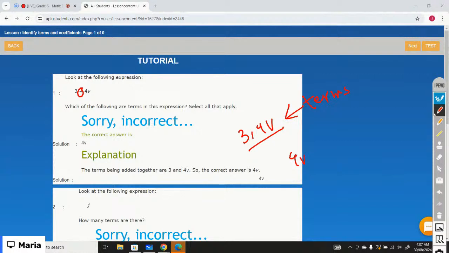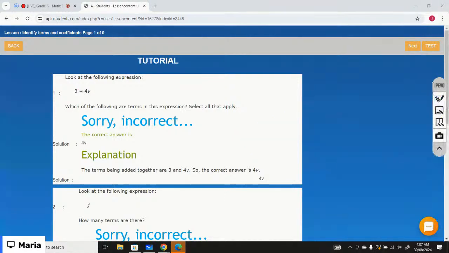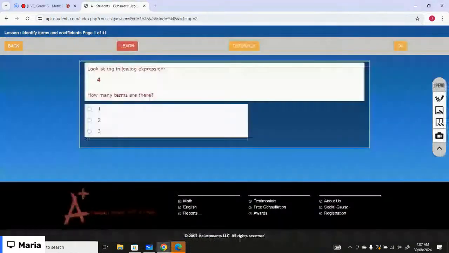Let's just start with the test questions. Let's see. Look at the following information. Right now, we don't have multiplication or sign, right?